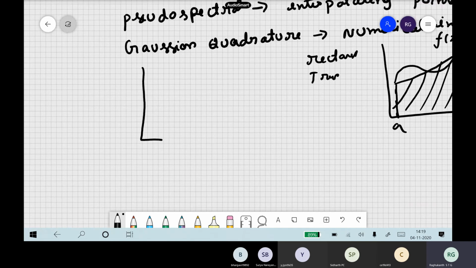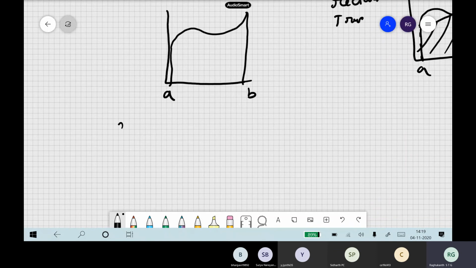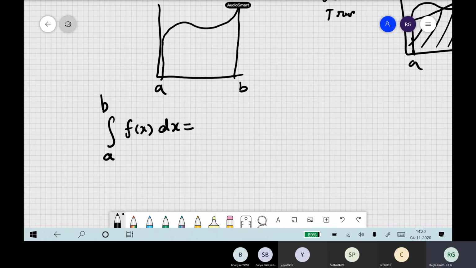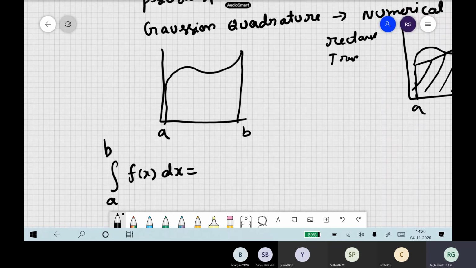But now in Gaussian quadrature, what do you try to do? If this is my a and this is b, and I want to find the area under any function f of x, the speciality of Gaussian quadrature is that we leave these points free.